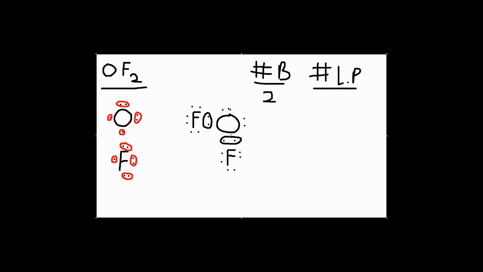And we have 1, 2 lone pairs. 2 lone pairs. Amazing. 2 and 2. That means it is a bent shape. I believe so. Anyway, let's just get rid of that really quickly.